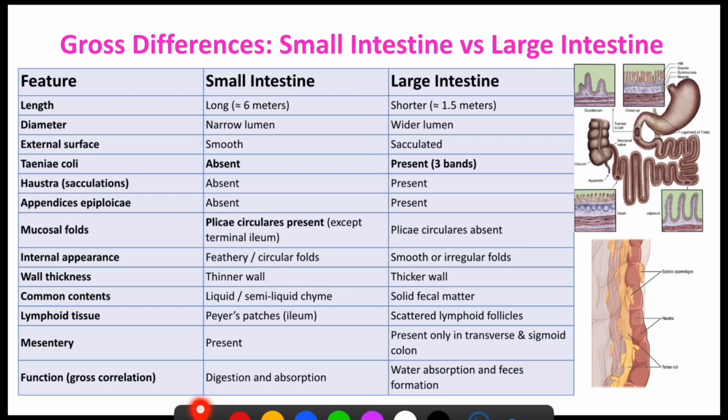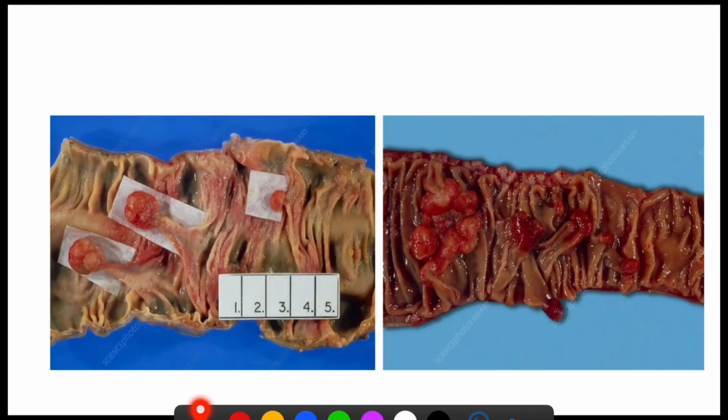Lymphoid tissue, Peyer's patches in ileum, and duodenum, jejunum and ileum have a different microscopic morphology that we will learn in detail in systemic videos. Mesentery is present in small and large intestine, but in large intestine present only in the transverse and sigmoid colon. So this is a specimen you can identify.